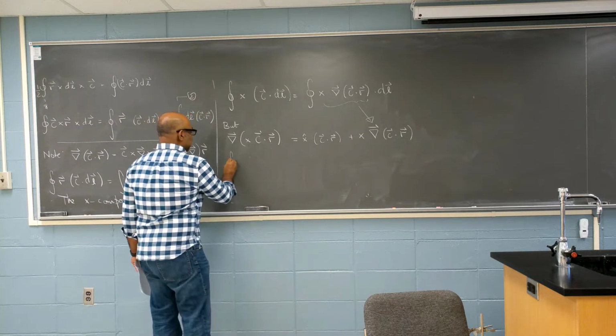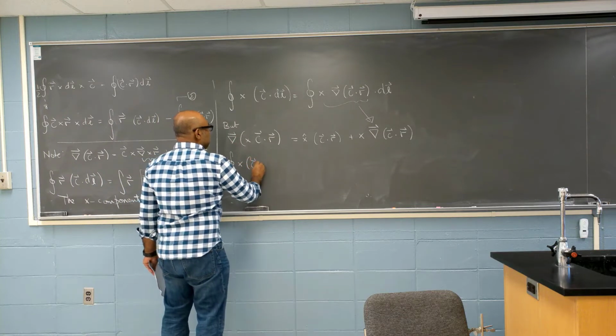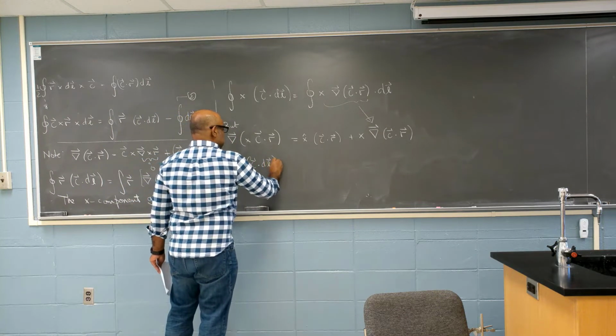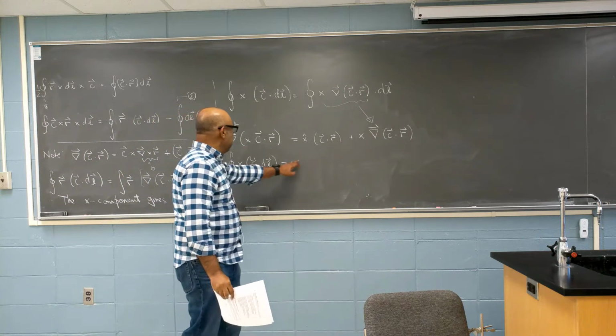So I get, I'm starting from here, x C dot dl equal to, I'm going to write this minus that.